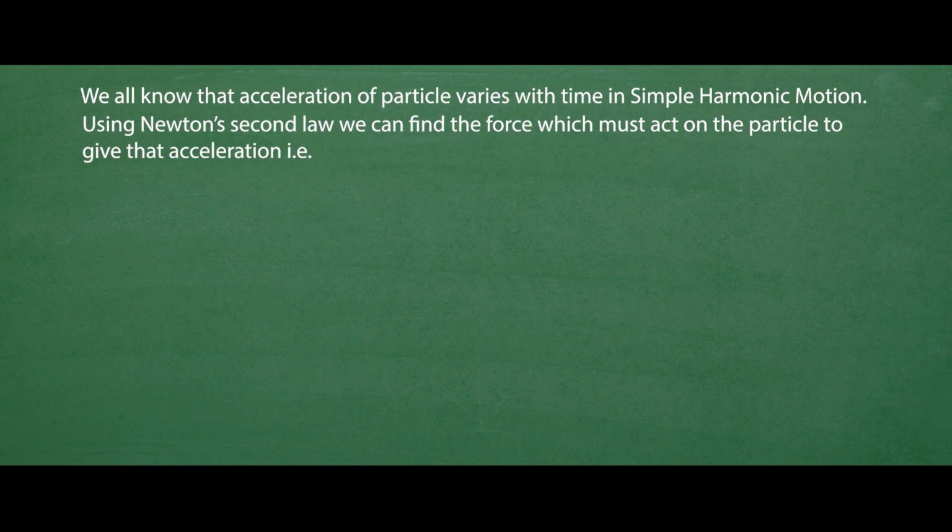So Newton's second law is given by the equation force equals mass times acceleration. Right? I hope you remember the acceleration equation which we have derived in our previous topic. Do you remember? Okay. So we are going to use the same equation in this equation.